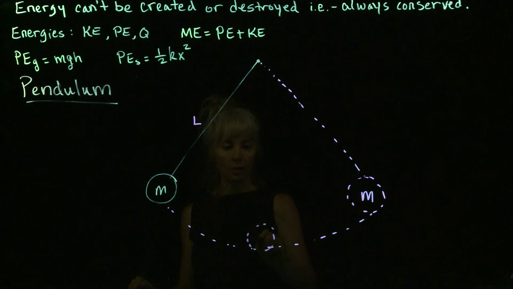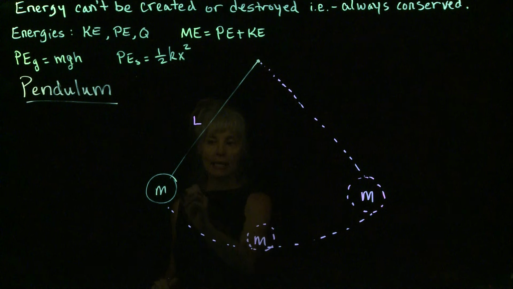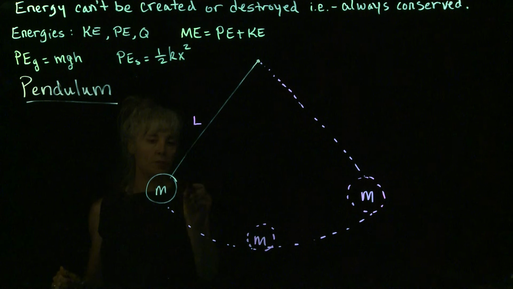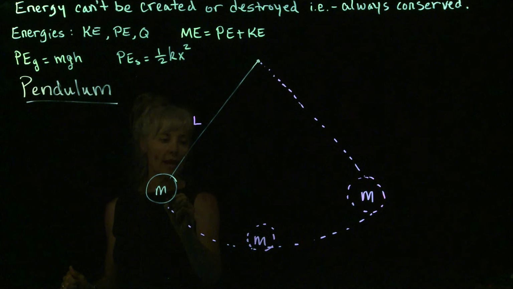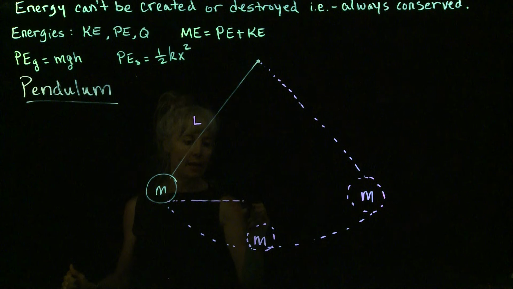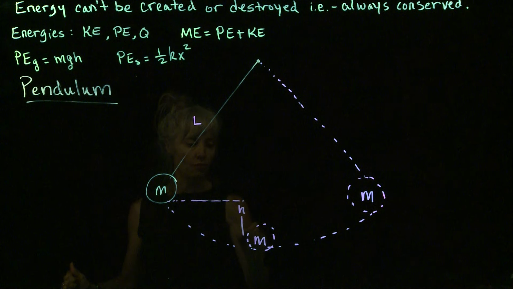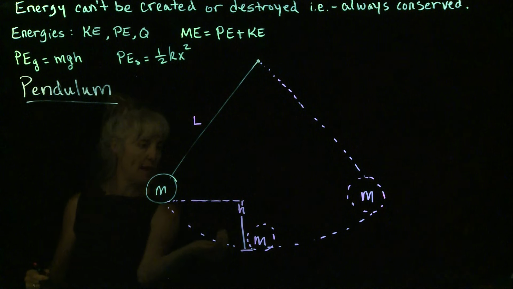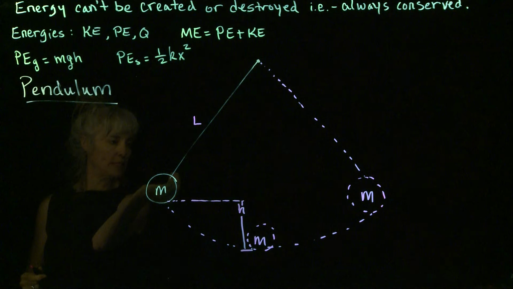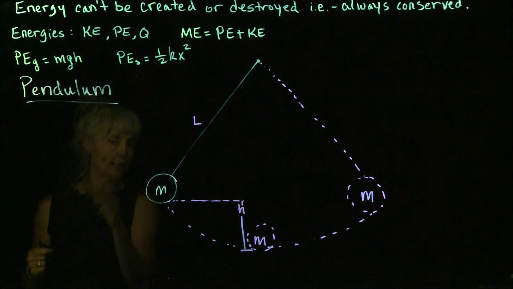So this is the equilibrium position for M. Notice that as I pull it away from its equilibrium position, I have raised this mass a height h from its low point. So I have displaced this mass a height h from its equilibrium position, and then I let go.